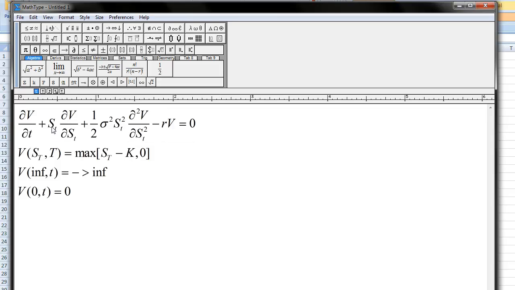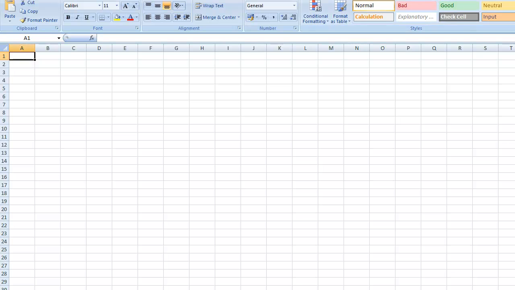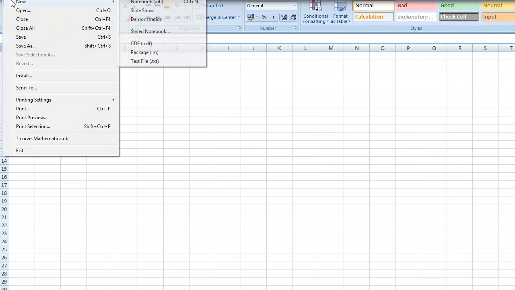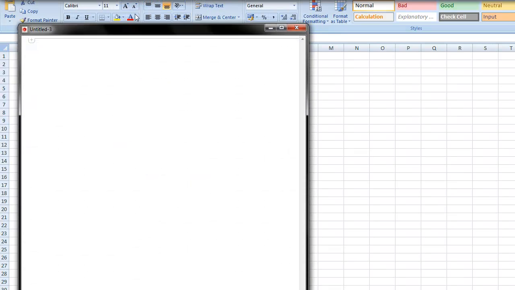And we would like to be given, based on this set of equations, some result. So here I am in Mathematica.